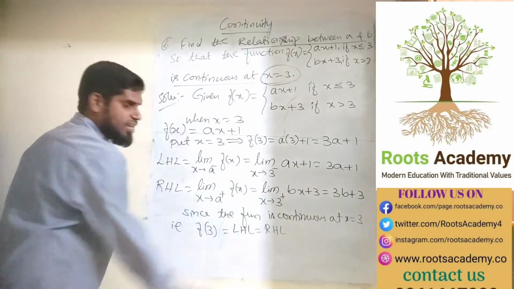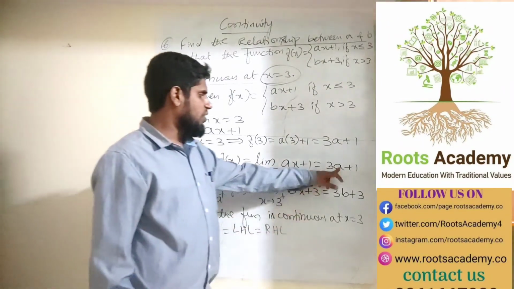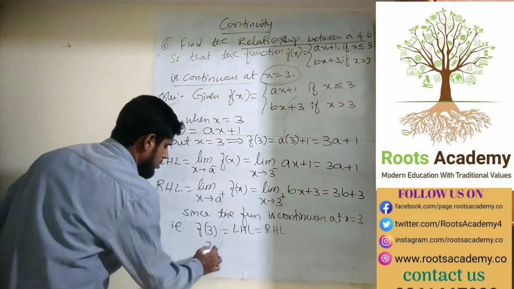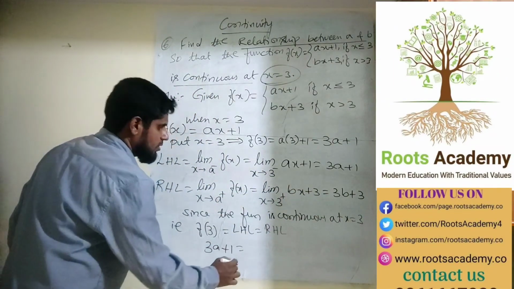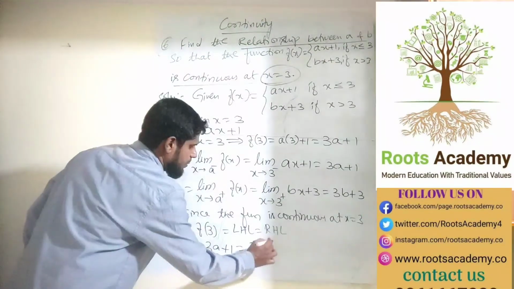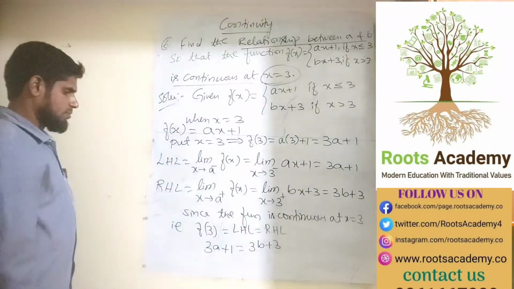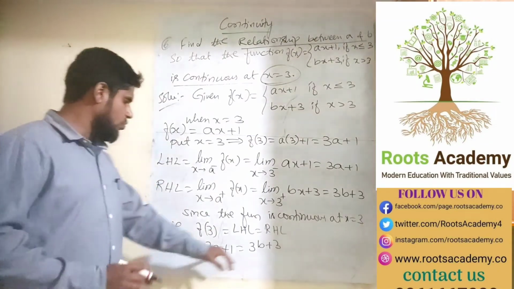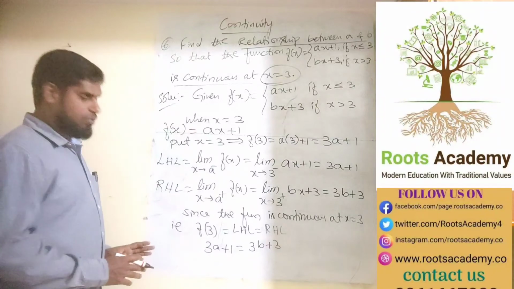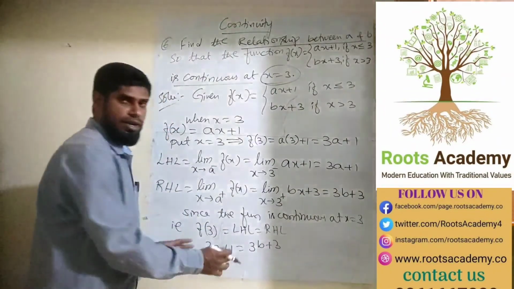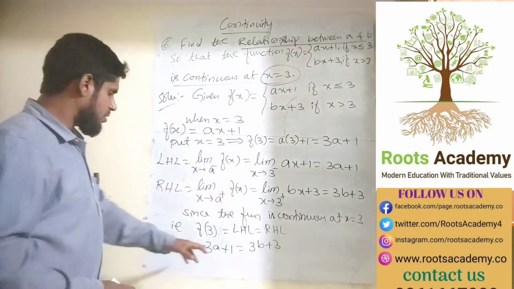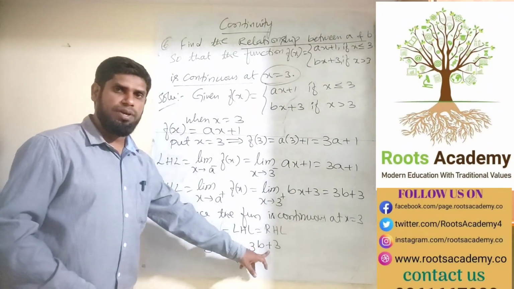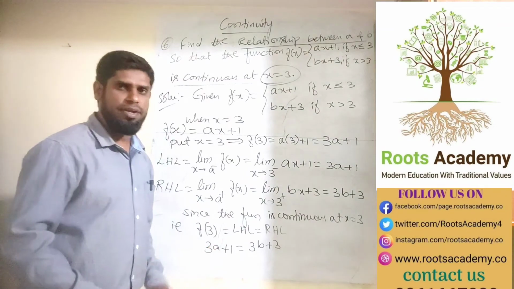Instead of taking three things equal, I will take two different things equal. 3a plus 1 equals 3b plus 3. Since he is asking us to find the relationship between these two values, let me find a or b in terms of some other variable. We should find a in terms of b, or b in terms of a.